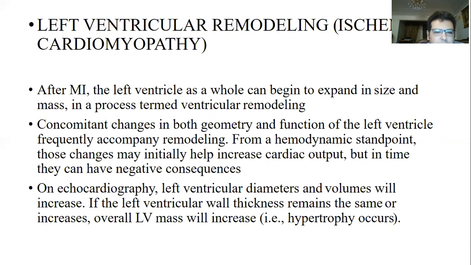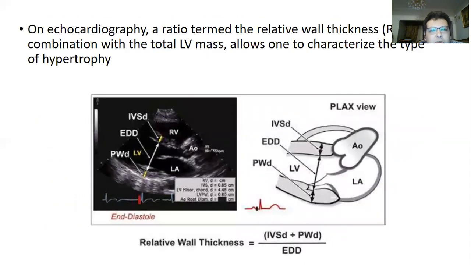On echocardiography, left ventricular diameters and volumes will increase, and if the left ventricular wall thickness remains the same or increases, overall left ventricular mass will increase. This is called hypertrophy. We use a ratio termed relative wall thickness in combination with the total left ventricular mass to characterize the type of hypertrophy.